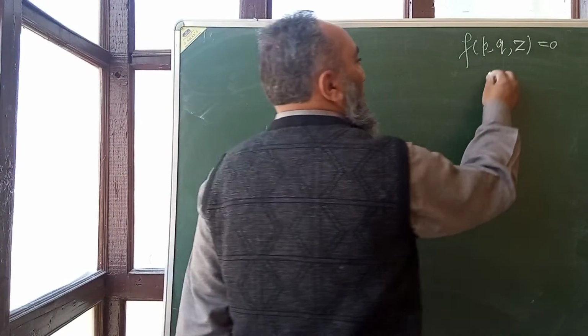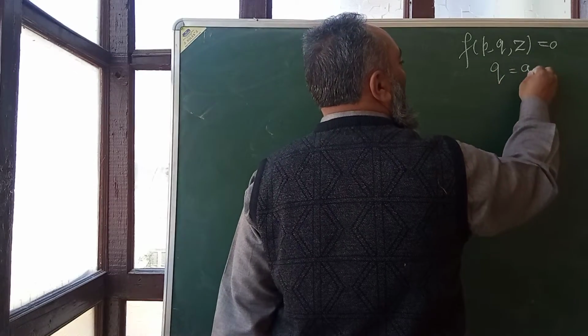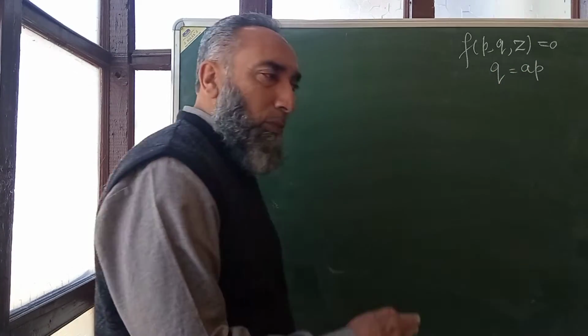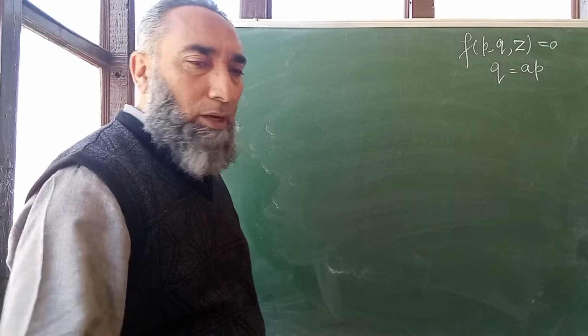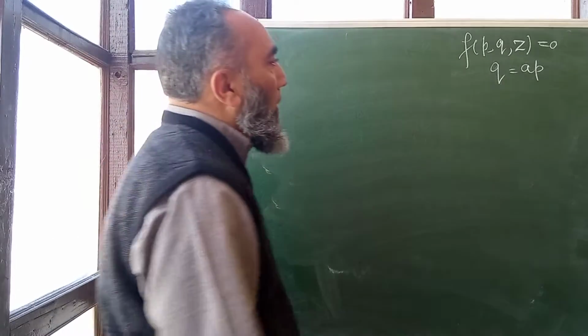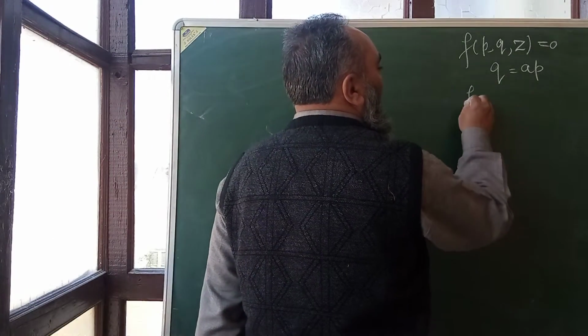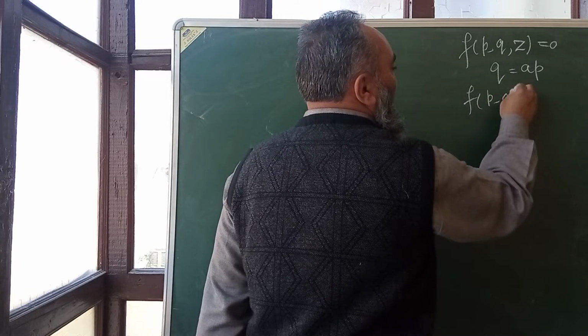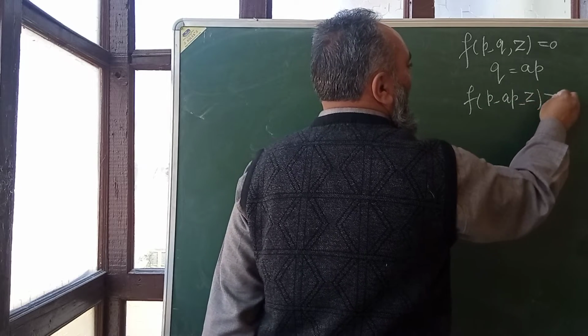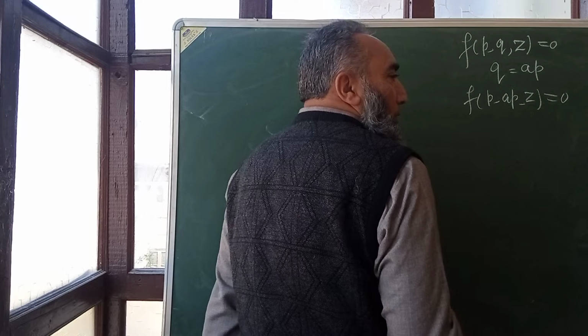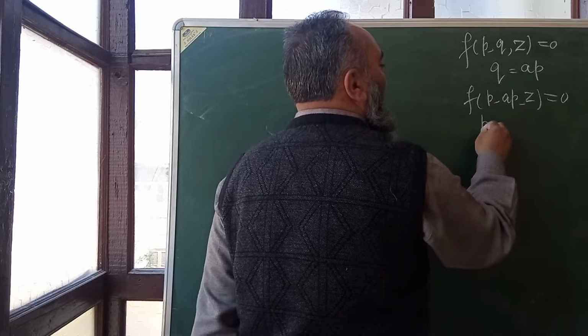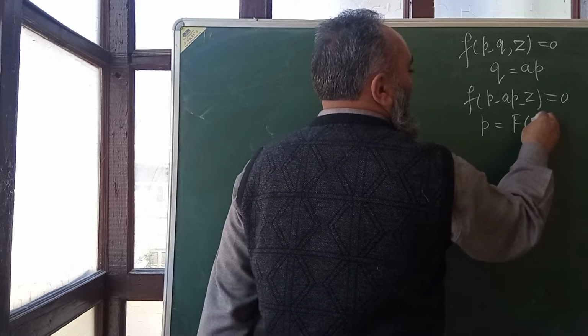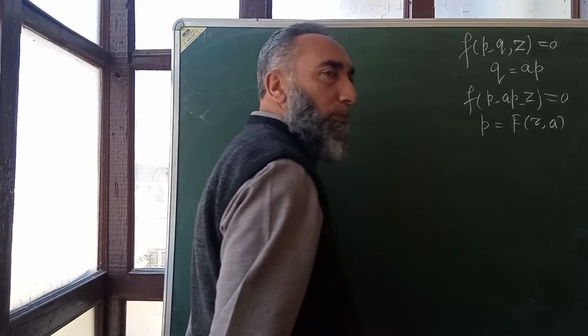First of all, we put Q equal AP. Instead of P, we put AP. The reasons why we do this, I will be sending notes to you. So I will get f of P, AP and Z equal 0, which will give me P equal some function of Z and A. Simple.